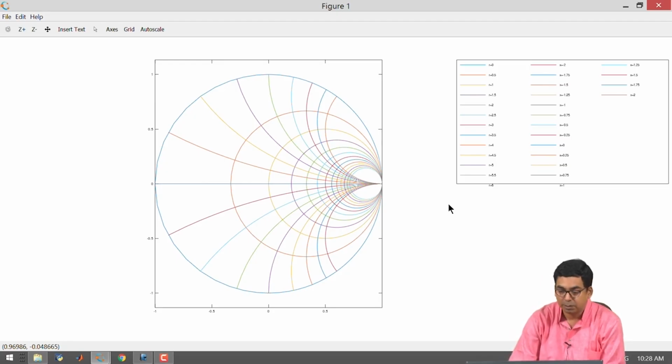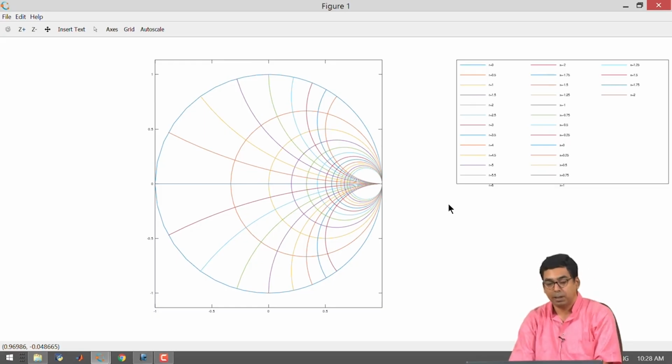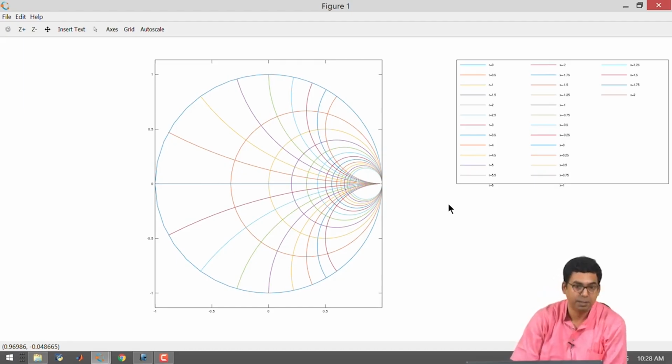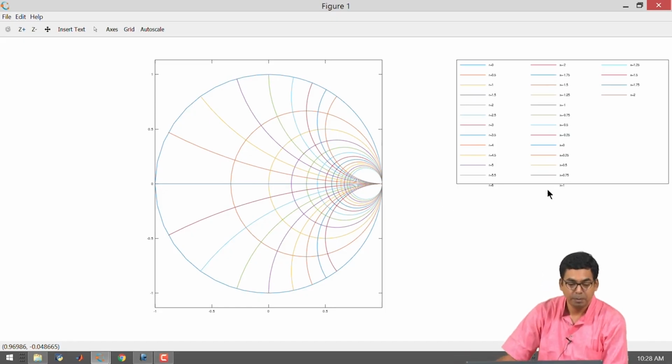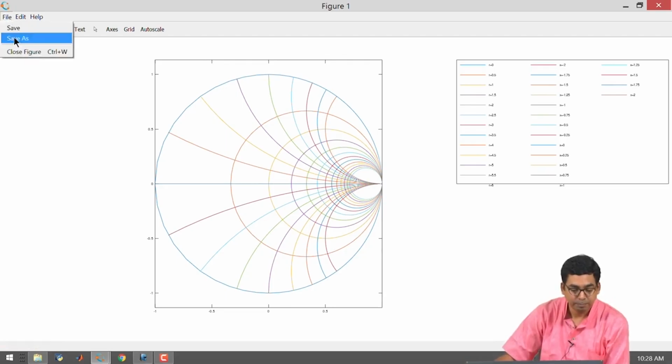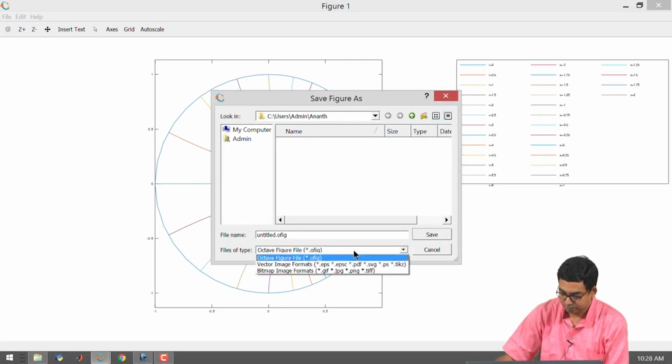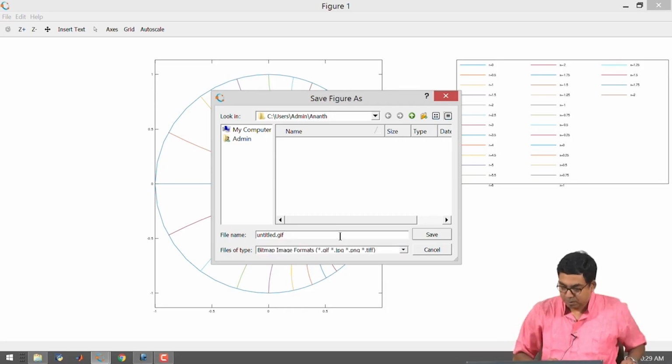So this is known as Smith chart, but we have to be very clear about the kind of Smith chart. The kind of Smith chart that we are seeing here is an impedance Smith chart, because we started with ZL by Z0 minus 1 divided by ZL by Z0 plus 1. So it is an impedance Smith chart. For a minute, let us look at this impedance Smith chart and try to understand what it actually means. So if possible, I will save this graph as a JPEG.